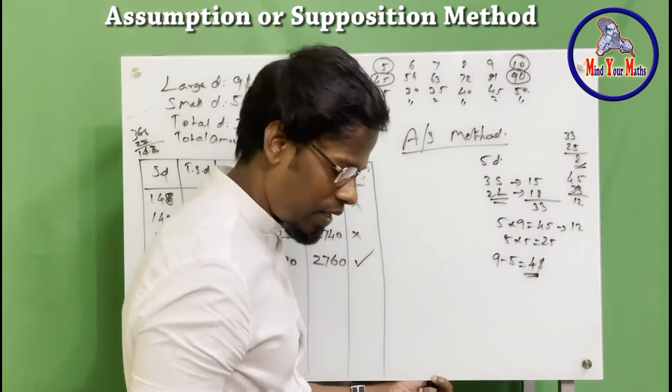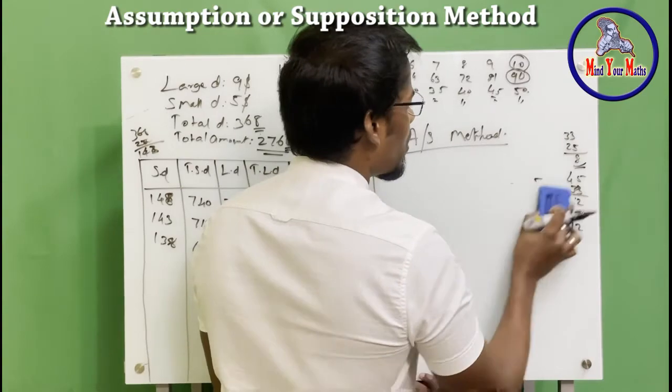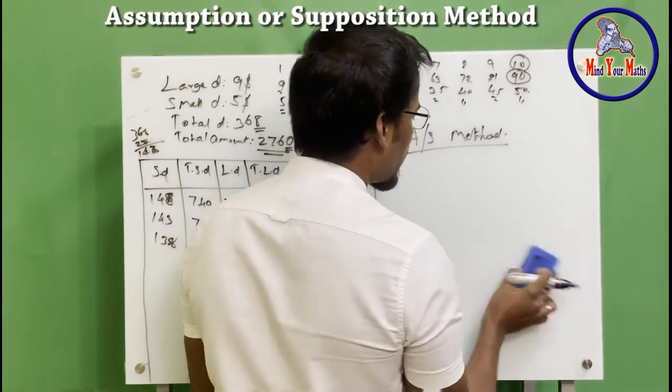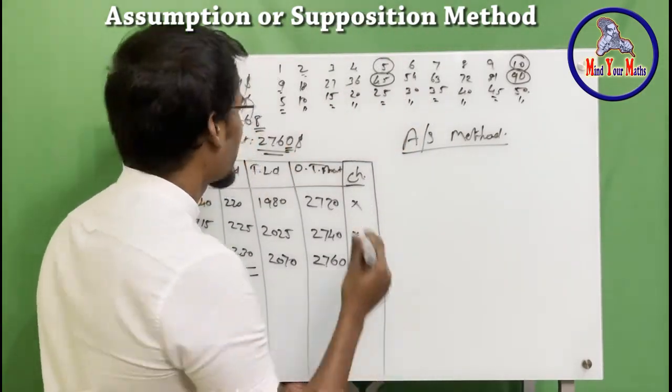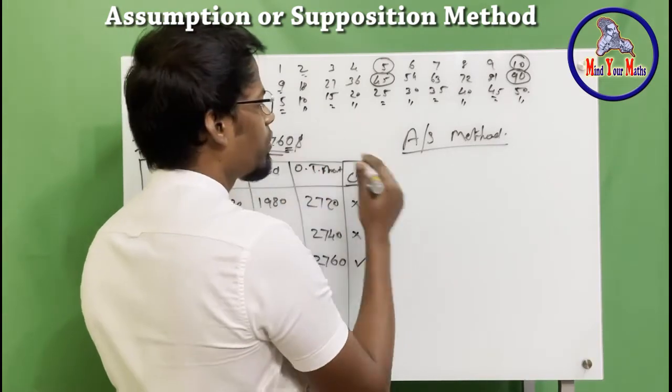Okay, fine. So now let's use the same concept to solve this problem. Let's assume all the durians are large.